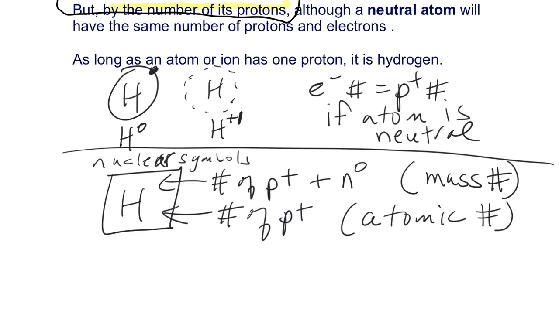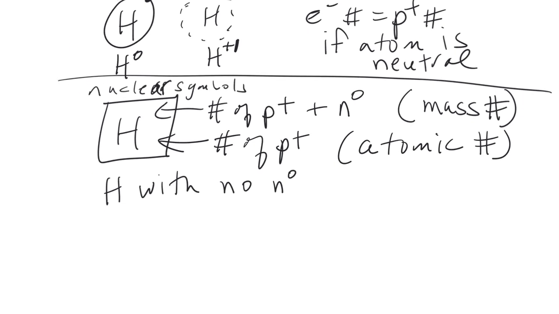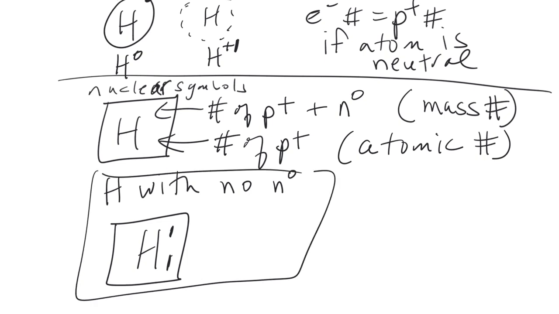So if you only had hydrogen with no neutrons, that just means 1 proton. The number of protons and neutrons would be 1, because neutrons would be 0. And of course, the number of protons would have to be 1, or else it wouldn't be hydrogen.